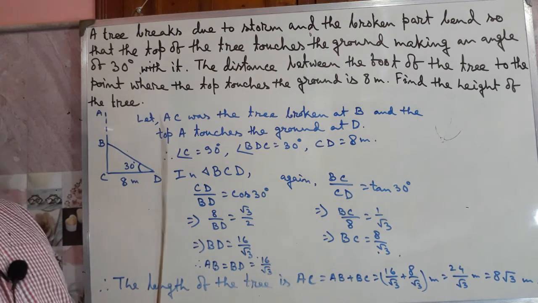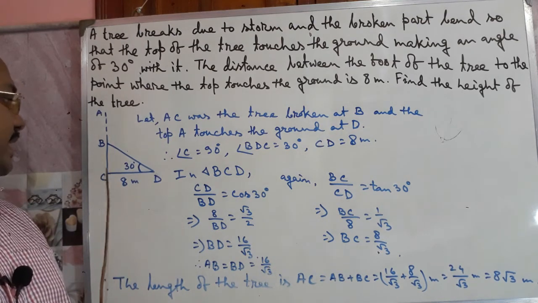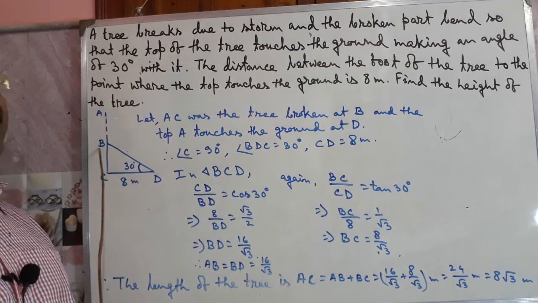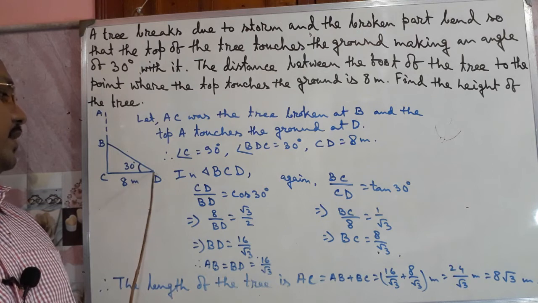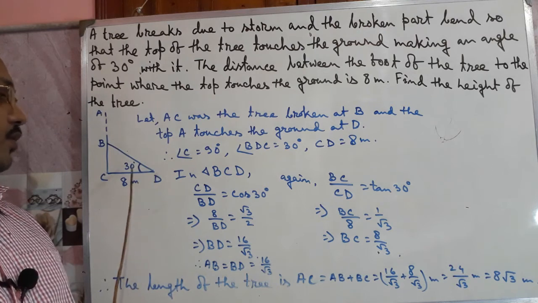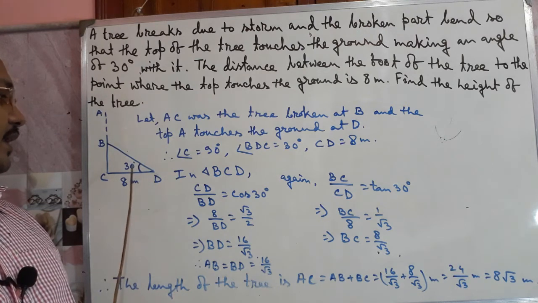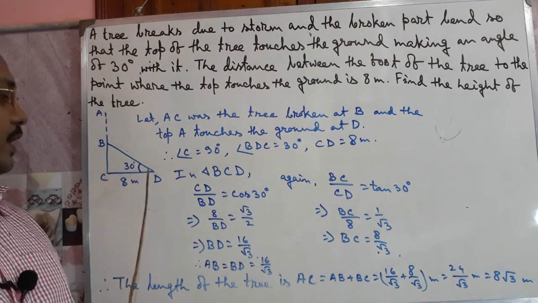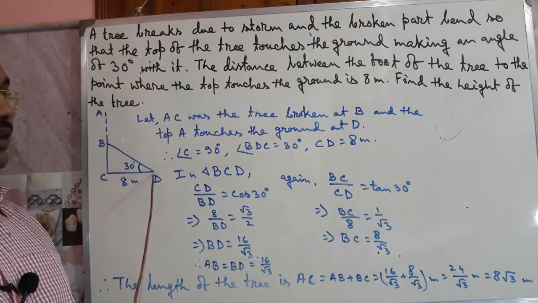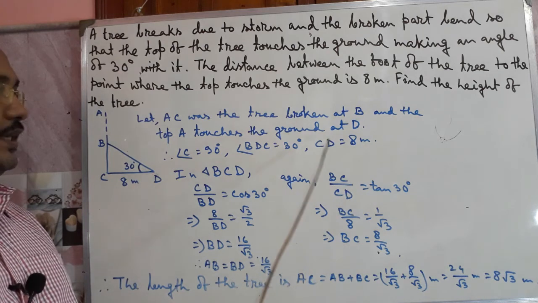Then find the height of the tree. So let AC be the tree which is broken at the point B, and the top A touches the ground at the point D. So this angle is 30 degree and this is 8 meter. All the information is written here.